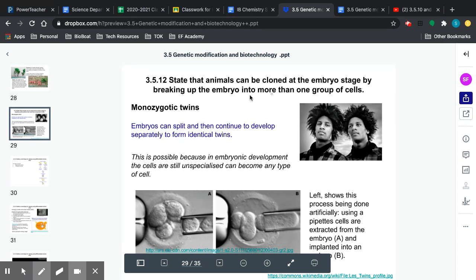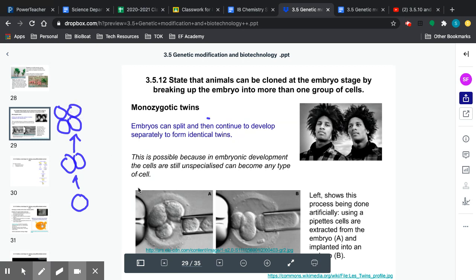So one artificial way of doing this is basically creating monozygotic twins. A long time ago, you were one cell big, and then you had a division, and then you were two cells big. And then you had another division, so now you're four cells big.